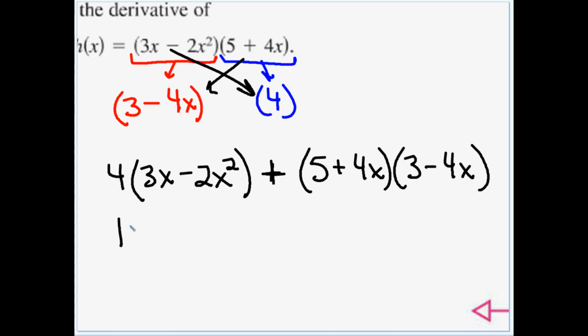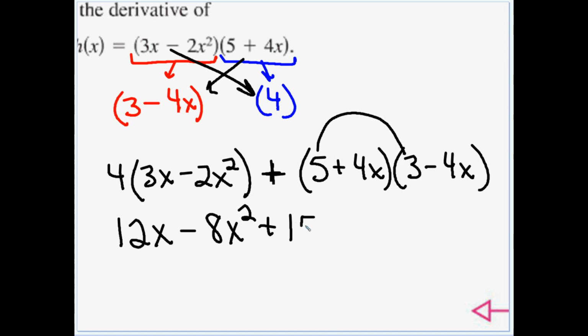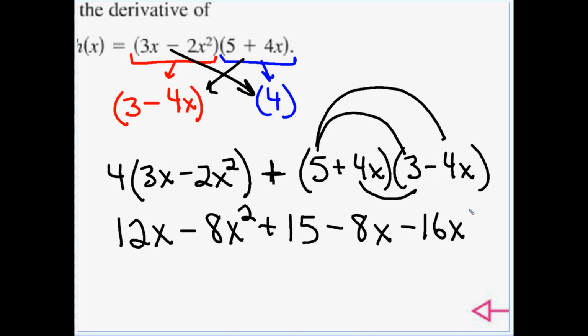Distribute the 4: 12x minus 8x squared. And then plus, here we're going to FOIL. First times first will be a 15. Our outers will be a minus 20. Inners a plus 12. So that's minus 8x. And then we multiply last times last, minus 16x squared.